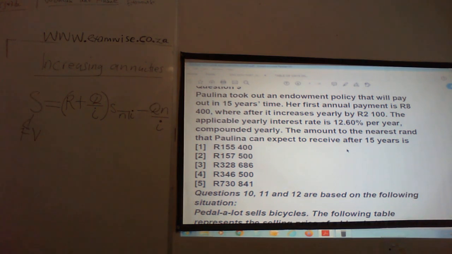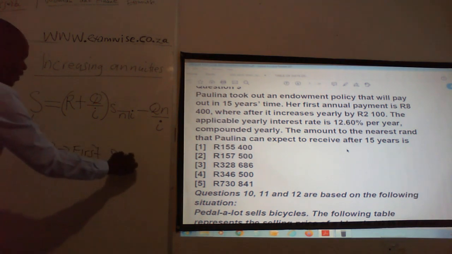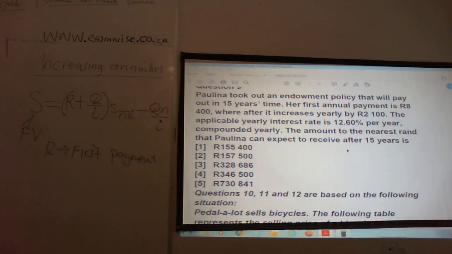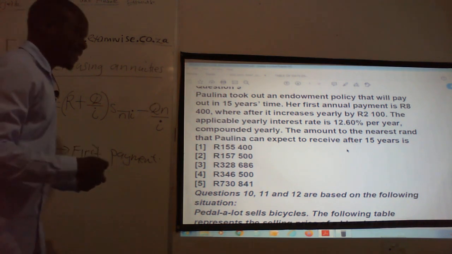So our S here is our future value, and then our R is the first payment. It's very important to know that R is our first payment. And then our Q here is the amount of the increase.